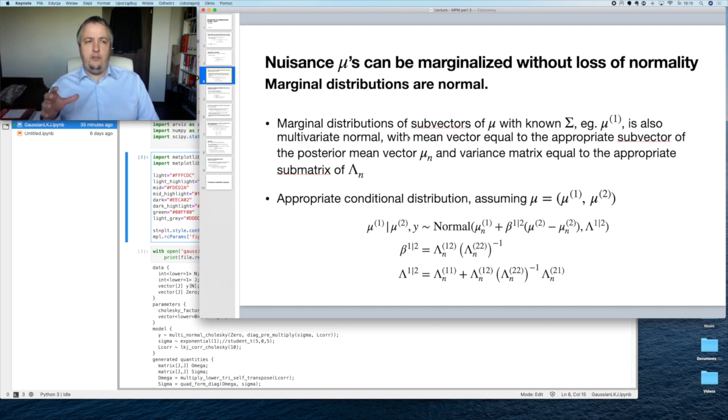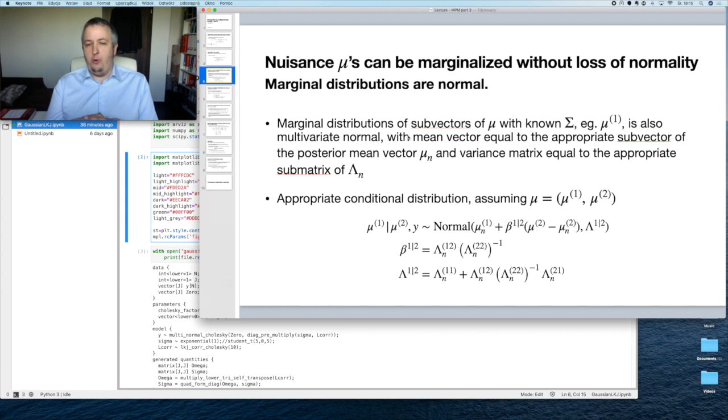In the case of multivariate normals with known covariance matrix, we can easily split our vector of means into the subvector of means of interest and the means of nuisance parameters, and our vector of parameters of interest also has a normal marginal distribution.